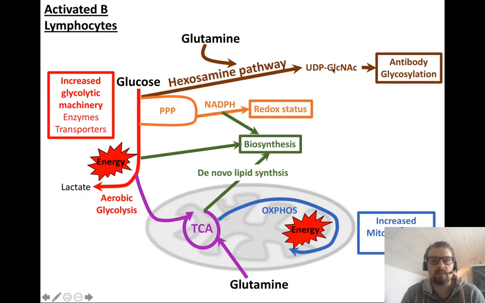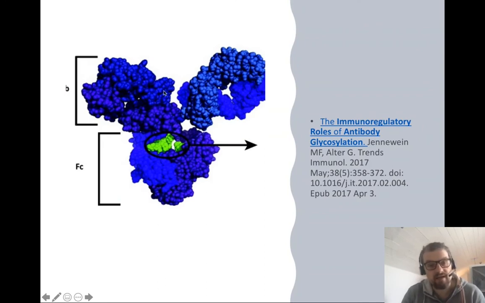Now, all antibodies are glycosylated, and glycosylation is really important for the antibody function. So here's a picture of an antibody, and here is the hinge region of the antibody. Here's the variable regions, and here's the constant region, and this is a very nice review if you're interested in it.